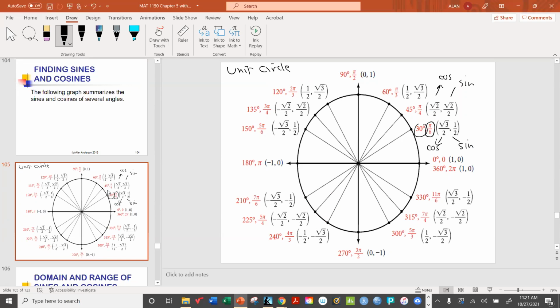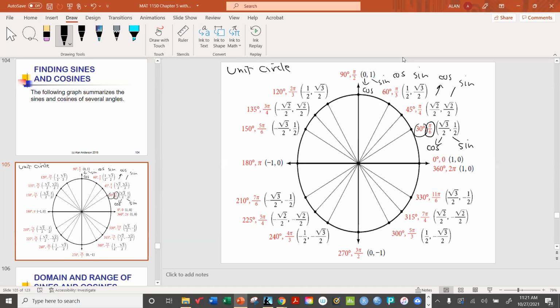If we did the same thing with 60, the cosine is 1/2, and the sine is radical 3/2. And then we move up around the clock here, so to speak. For 90 degrees, the cosine is 0 and the sine is 1. And then we move our way around, and all of these can be calculated from this unit circle.